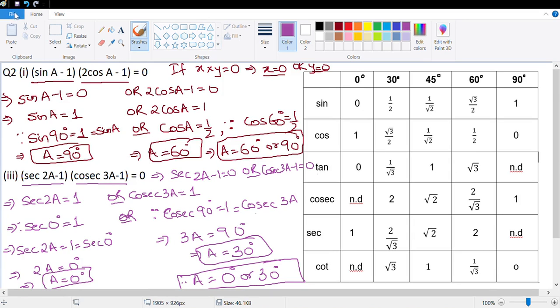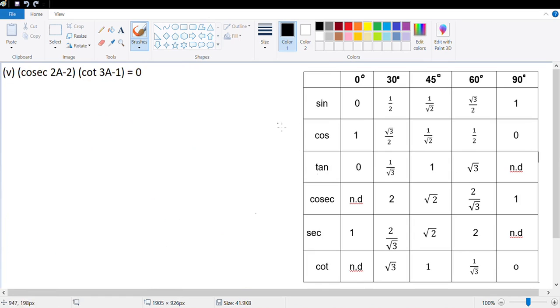Next one, let's look at question number 2, part 5. It says cosec 2a minus 2 is multiplied with cot 3a minus 1. Again, we'll break it up into two parts, which means cosec 2a minus 2 is equal to 0 or cot 3a minus 1 is equal to 0.